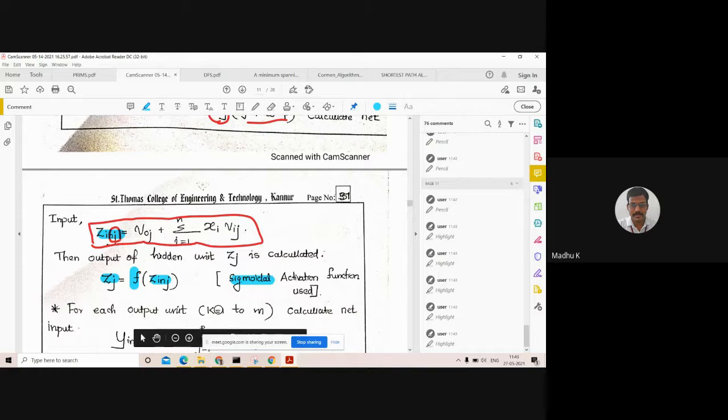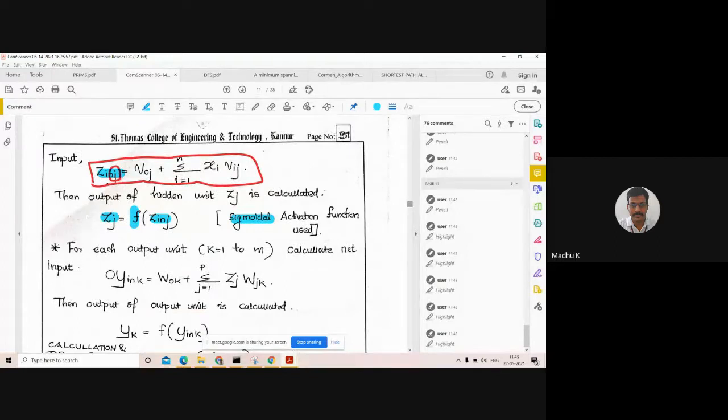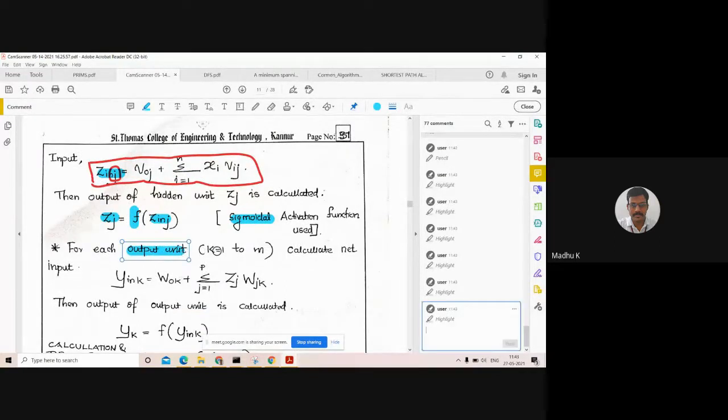Next, we calculated the output of the hidden unit, and now we want to calculate the output of the output unit. This is the final layer, which consists of m neurons, k equal to 1 to m.